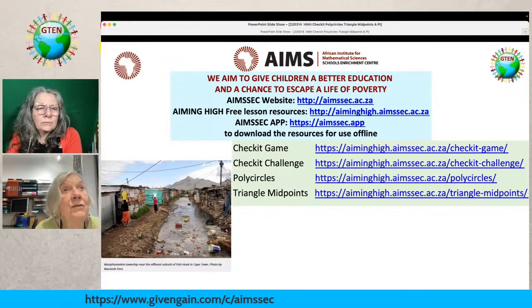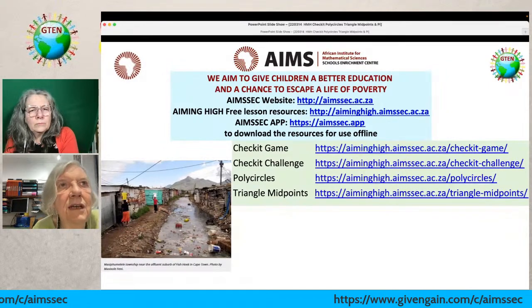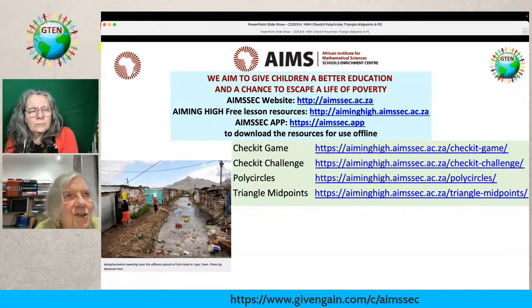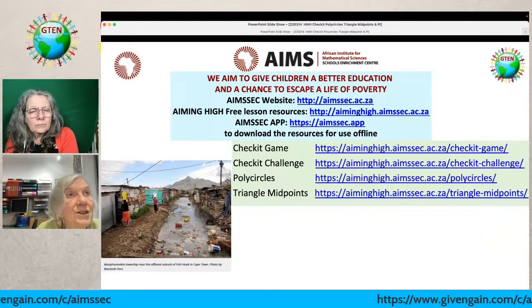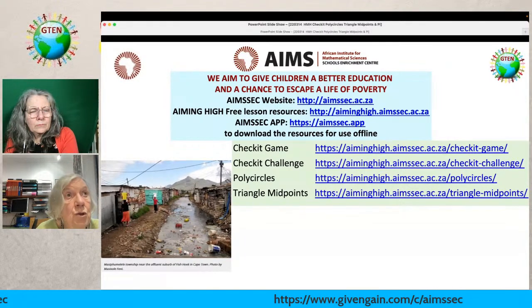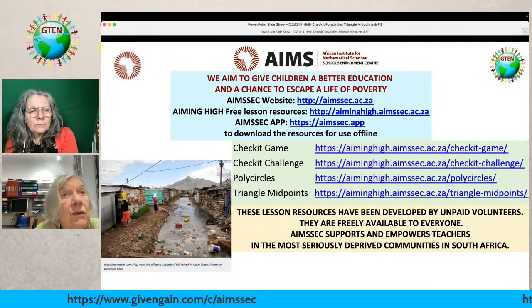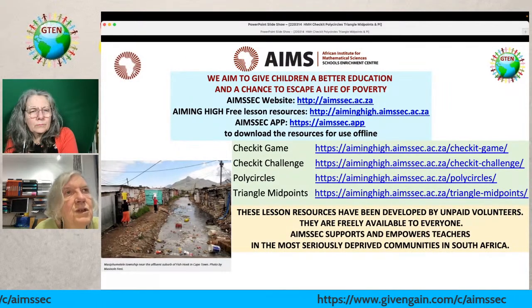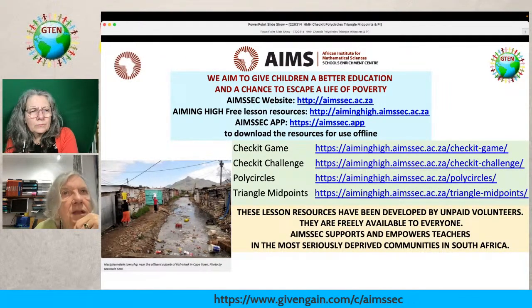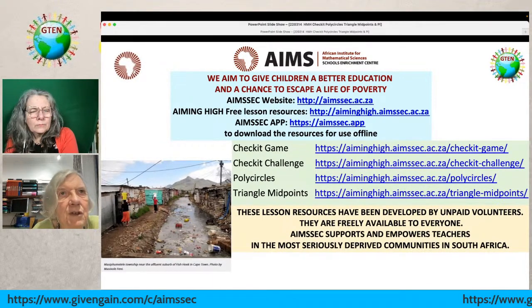What we're giving out for free, freely available anytime for anybody, is many hundreds of lovely ideas for playing mathematical games and learning mathematics for all ages, from small children through school. These lesson resources have been developed by unpaid volunteers, like Caroline and me, and we've got a team of unpaid volunteers giving their time free.